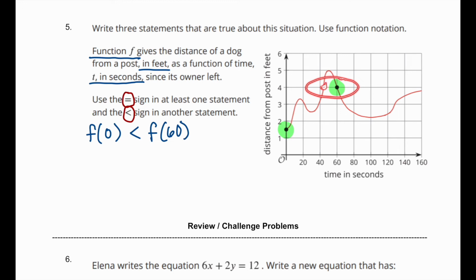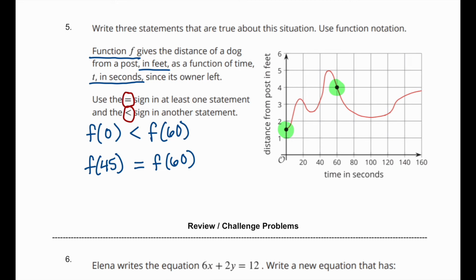If I follow it down to see how many seconds, that looks like maybe 45 seconds. So I am going to write f of 45, meaning the dog's distance at 45 seconds is equal to the dog's distance at 60. So f of 45 equals f of 60.